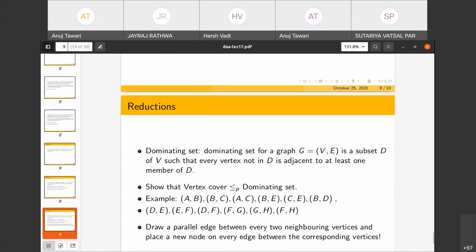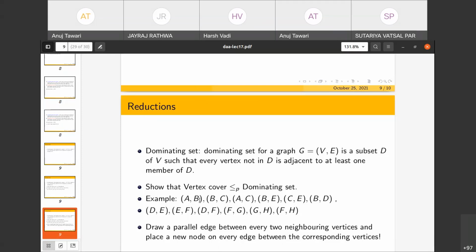But here I am interested only in covering vertices to vertices, right? So if I include AB in my final dominating set, it will only be able to cover three vertices: A, B, and AB.